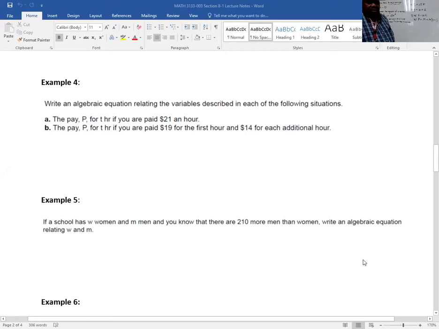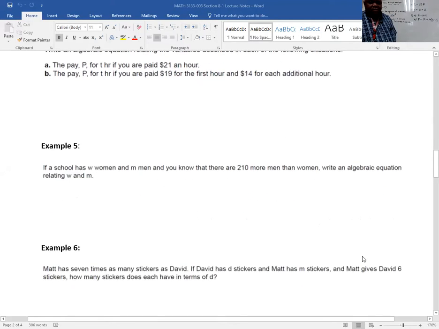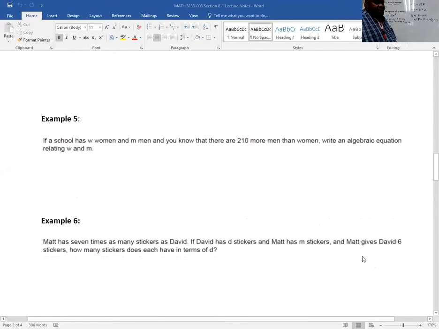Okay. All right, example 5 looks like this. If a school has W women and M men, and you know that there are 210 more men than women, write an algebraic equation relating W and M. What would that be?